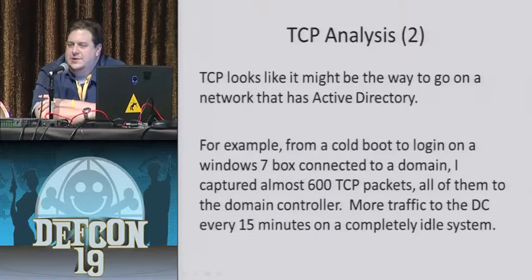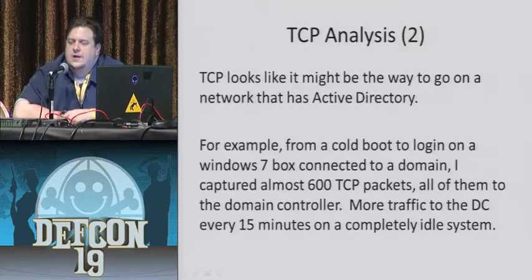And just coincidentally, a cold boot of a Windows box on an Active Directory network sent out 600 or more TCP packets to the domain controller immediately after booting up. So there's a lot of traffic if you can force a reboot. Plus, every 15 minutes or so when the Kerberos tickets expire, there'll be another burst of traffic.